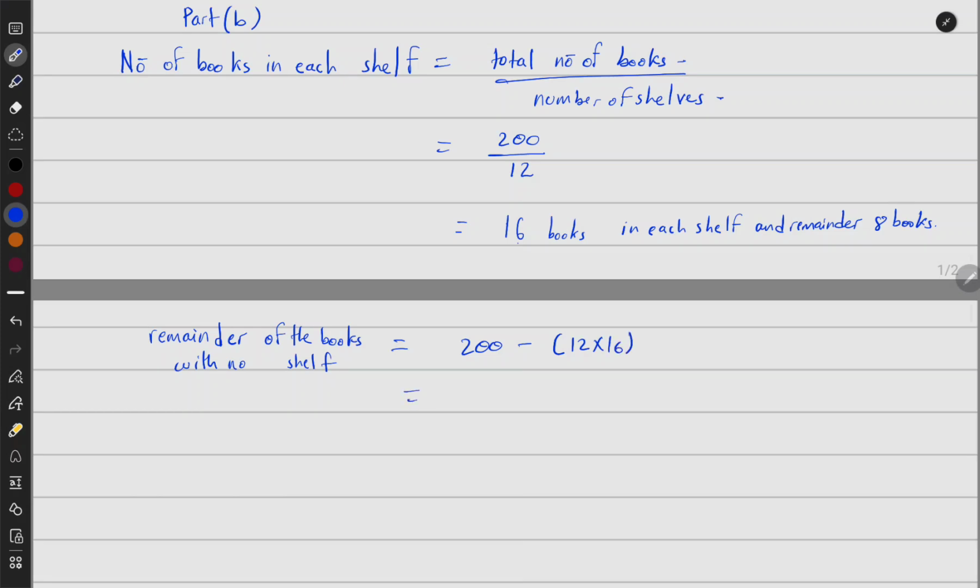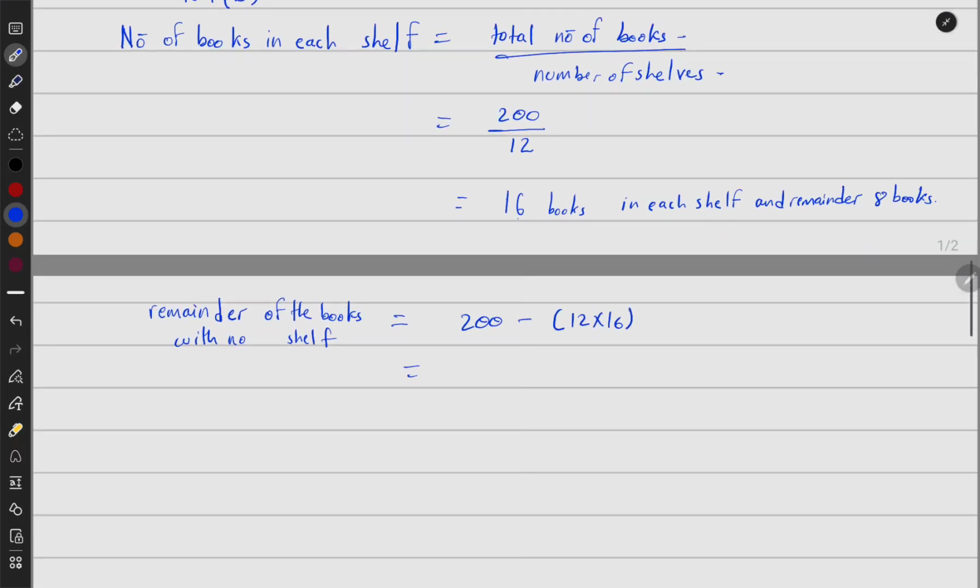So this is equal to 200 minus 192, and that is how we get the remainder, 8 books.